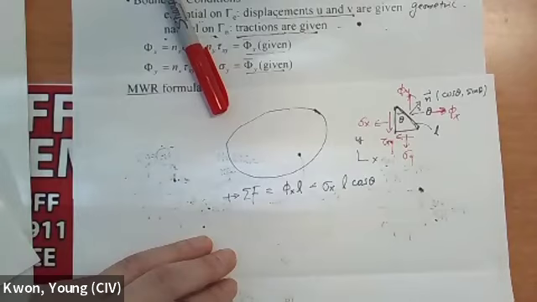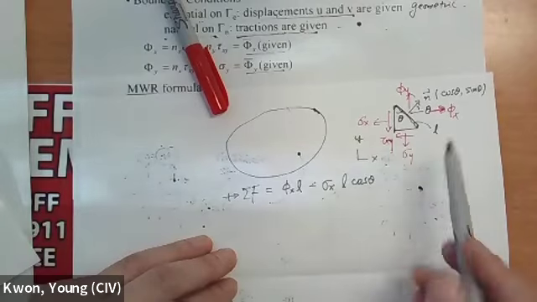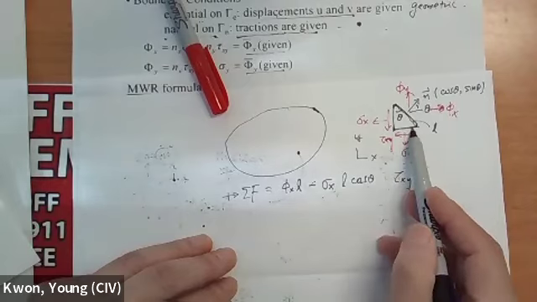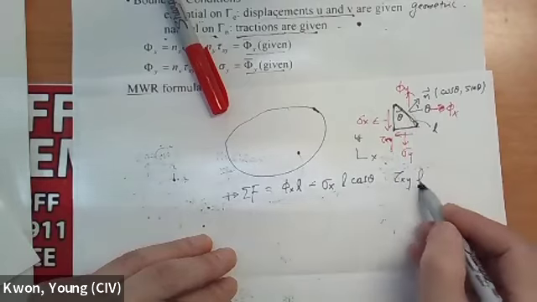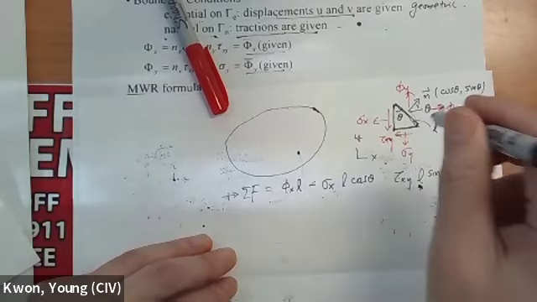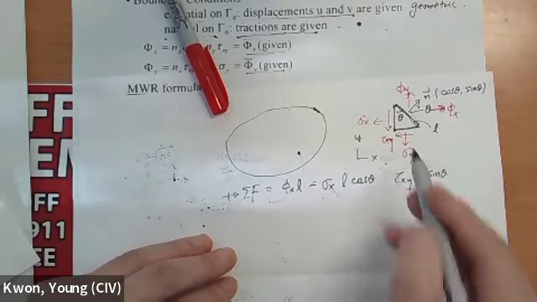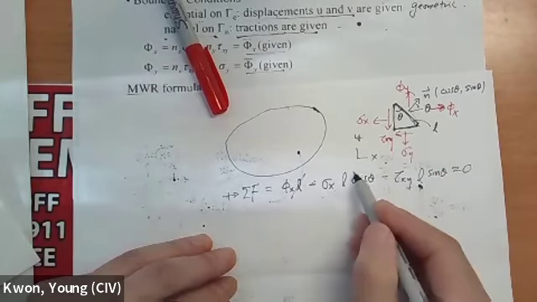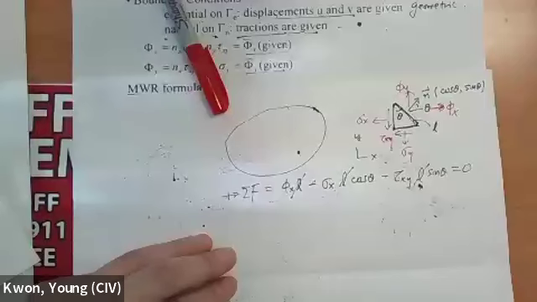And which one also has horizontal component? This one. Tau sub xy. What is this component? That's going to be L times area sine theta, assuming unit depth normal to the paper, and that's going to be also negative, so equals 0. So L cancels out. As I said, those are arbitrary.